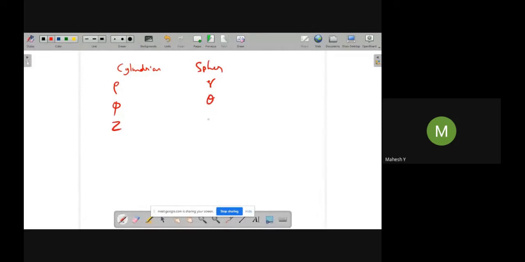So tell me which is same here. Both have a common thing. Yes, very good. Phi. Then what about r and theta?